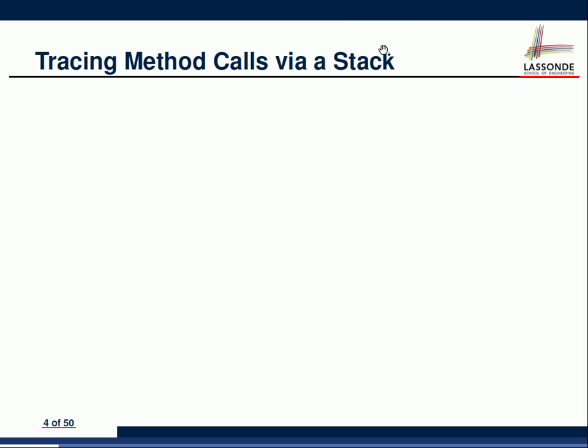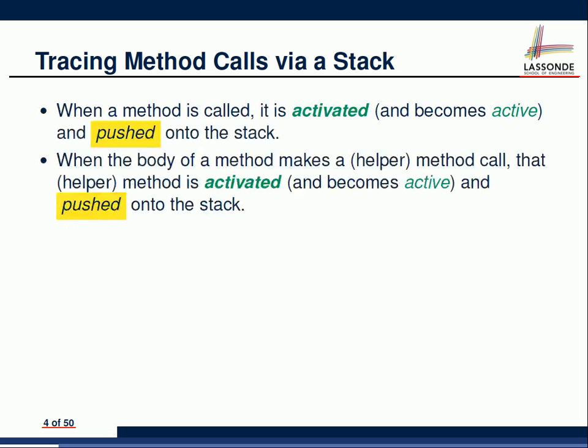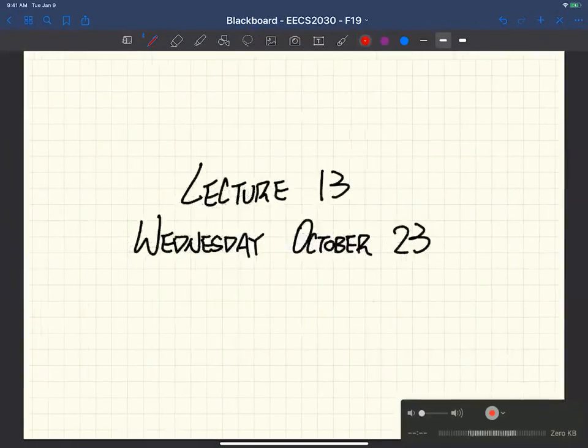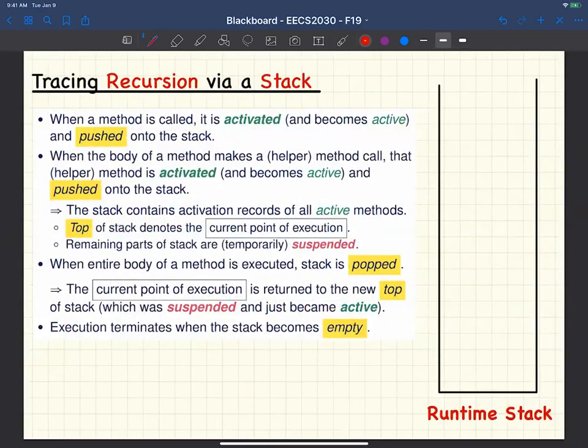We already introduced this idea when we talked about exceptions, right? When you have a caller calling another method, you put something on the stack and then keep stacking up. We're going to see exactly that. Let me just review very quickly with you. These are certain words you can read, but I'm just going to go over some wording with you very quickly. We're going to see exactly these kinds of things when we do the tracing.